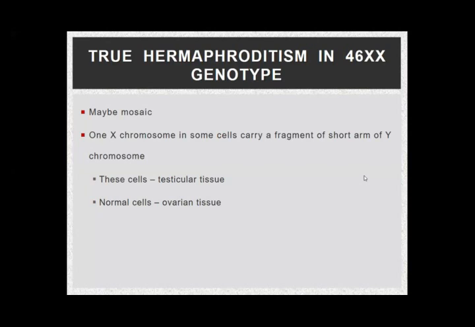These cells develop into testicular tissue, and the normal cells, since the genotype is XX, will develop into ovarian tissue. However, one X chromosome may carry a small fragment of Y chromosome, short arm of Y chromosome.